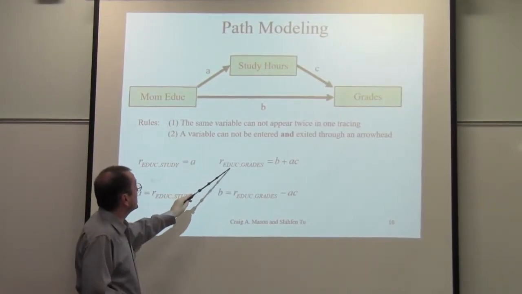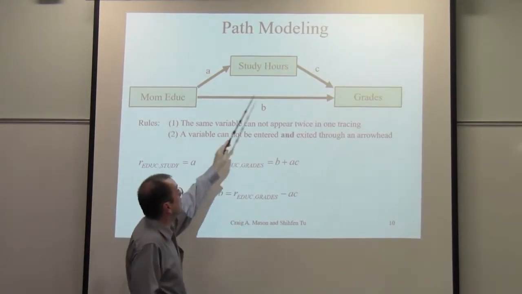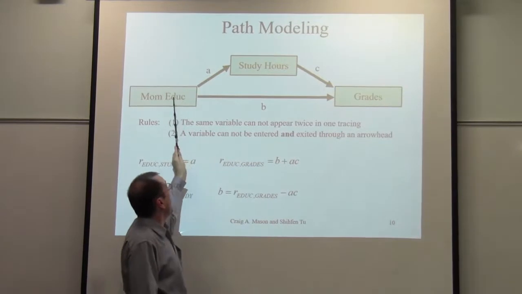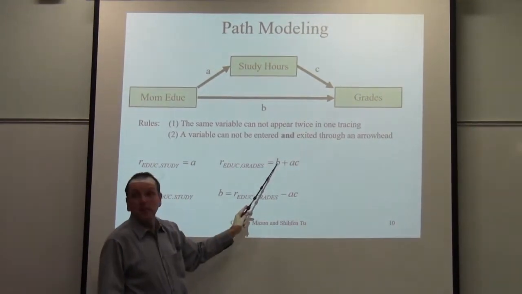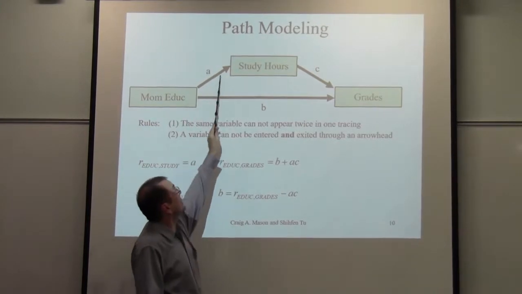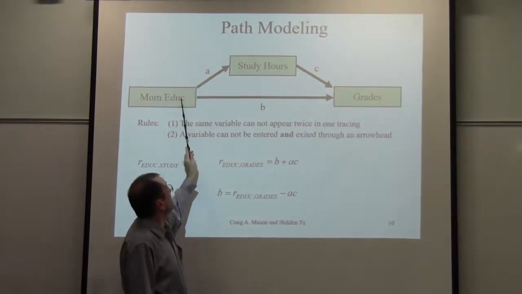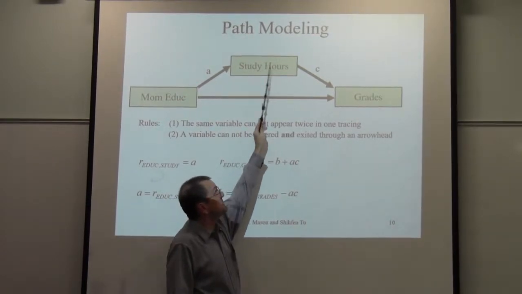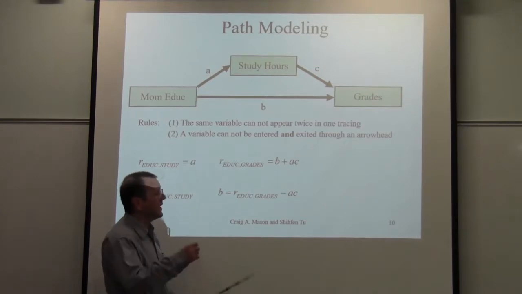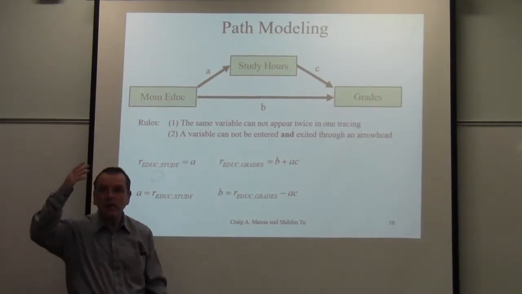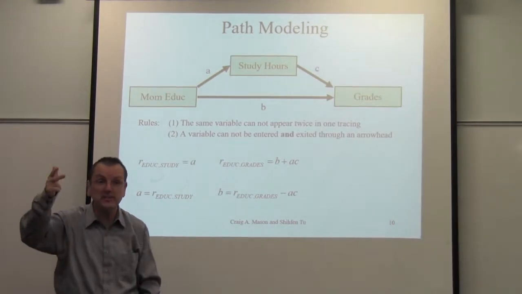What about the correlation between education and grades? Education and grades, well, one path is this way, is B. But we already talked about as well, this is also a legitimate path. Mom's education influences study hours, influences grades. And remember, the rule is that it's kind of how we calculate the correlation: the sum of the products of the tracings.